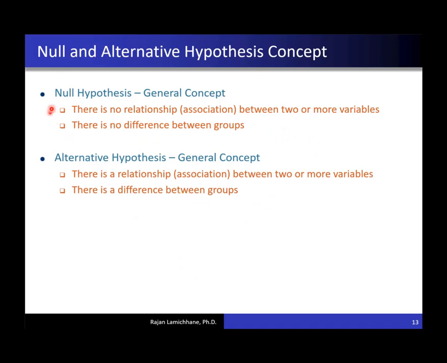So this is the reason when you reject the null, then you fall under this category. It means that in order to see the relationship or the difference between two or more variables, you need to reject the null. Remember that your result is only significant when you reject the null.